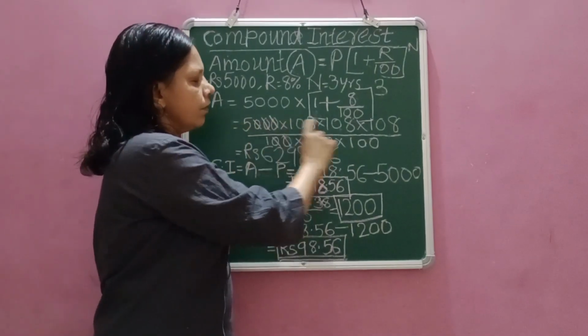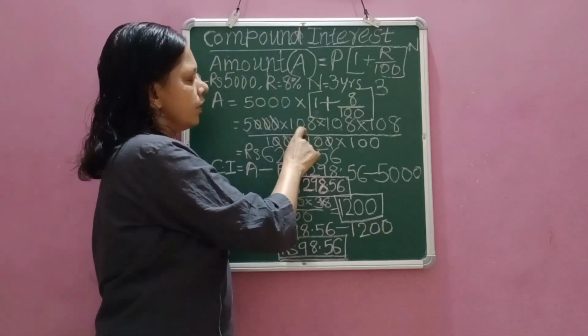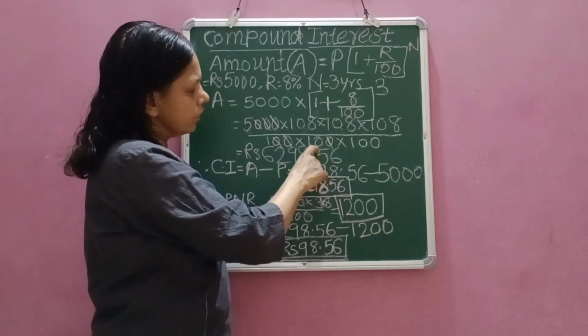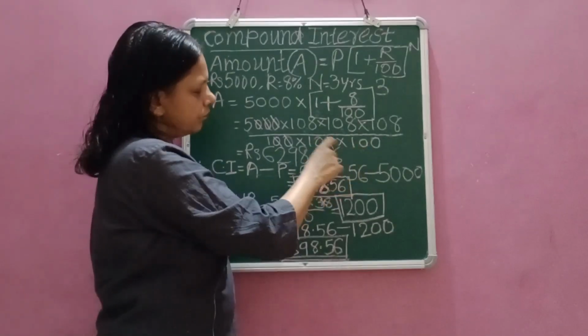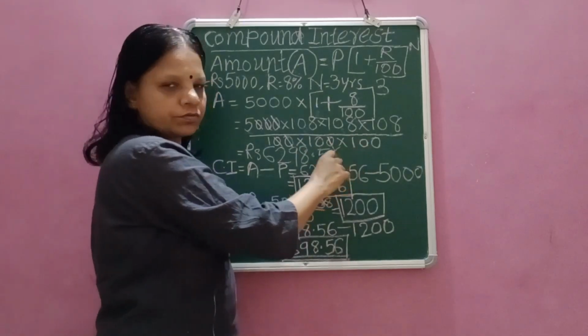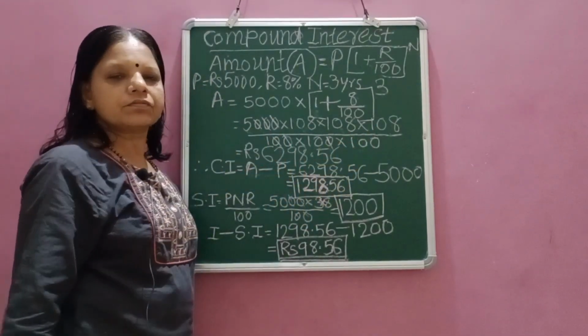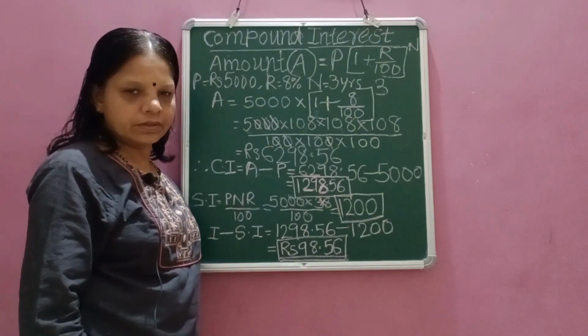You have to multiply all these numbers, that is 5 into 108 into 108 into 108. And in the denominator, how many zeros? 3 zeros, that is 1000. So after getting the product, put the decimal point before 3 digits. Clear?